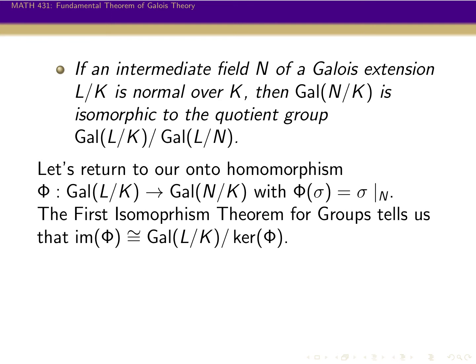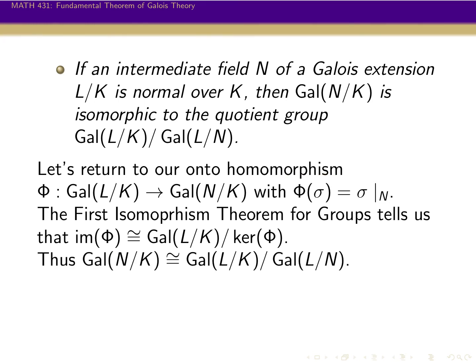Well, before we saw that the kernel is equal to the Galois group of L over N, and we know that this is an onto homomorphism, and so that means that the image is the Galois group of N over K. And so plugging that in, we get that the Galois group of N over K is isomorphic to the Galois group of L over K modded out by the Galois group of L over N. Exactly what we wanted.